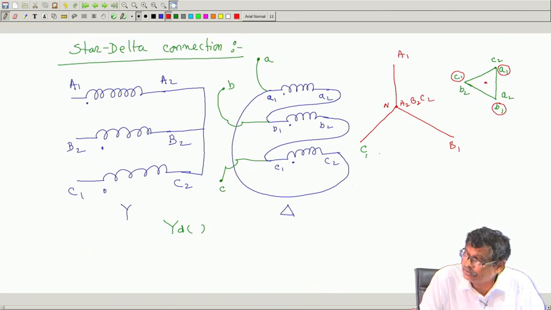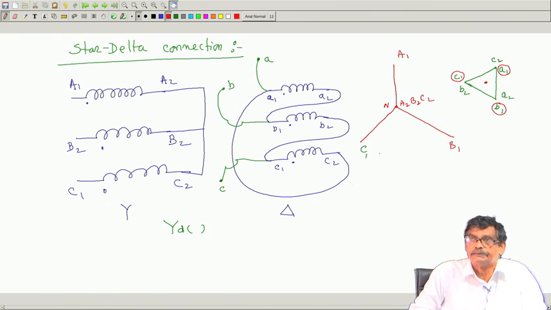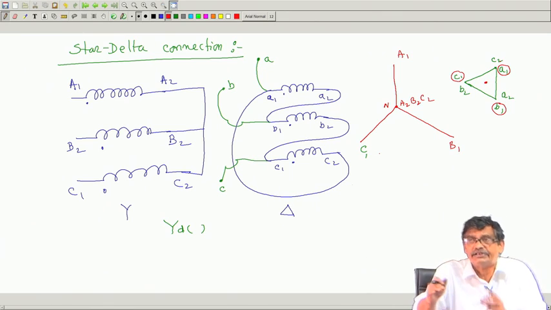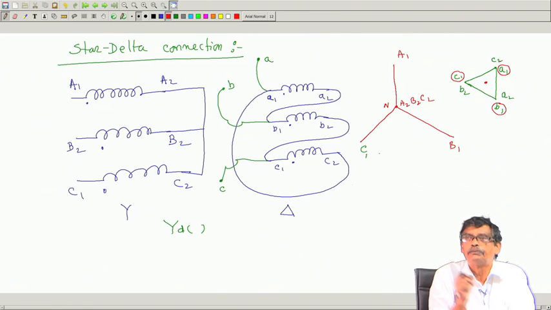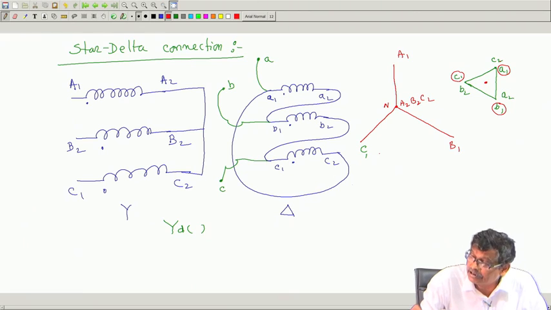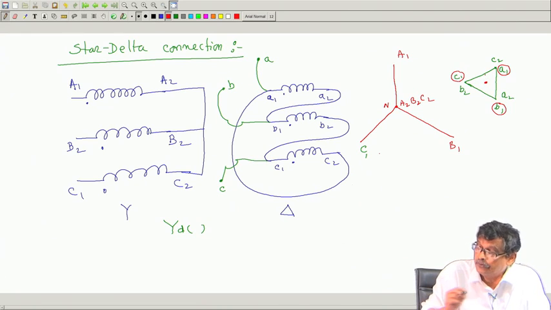In delta, where is the neutral? You can always think the neutral is at the centroid. Are you getting? Or across ABC you connect 3 reactors in star, that point becomes neutral with respect to this voltage. Got the point, I hope. So, this neutral is not there in the windings, but artificial, the centroid of the triangle you go.